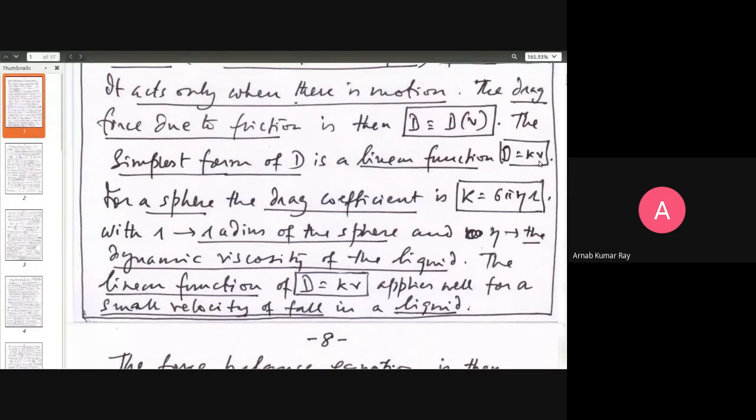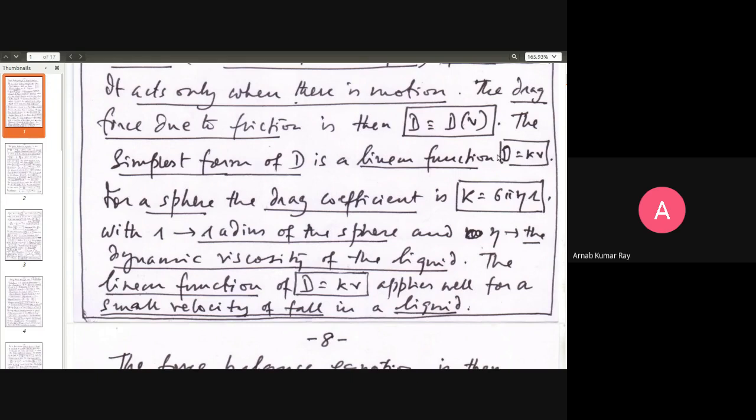The proportionality constant is k. Usually k is measured through experiments for complicated geometry. Suppose you throw in a misshapen rock. A rock doesn't have to have a perfect geometrical shape, so it can be any kind of shape. You throw it, then you have to measure the drag coefficient k through experiments.